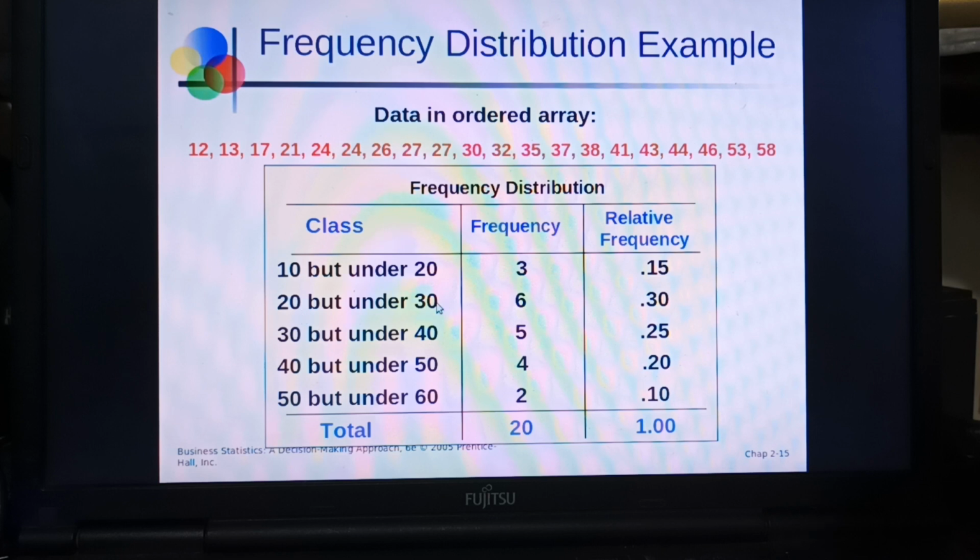For 20 to 29, it should be 1, 2, 3, 4, 5, 6. Put here 6. For class 30 to 39, 1, 2, 3, 4, 5. That's 5. For class 40 to 49, 1, 2, 3, 4. That's 4. For 50 to 59, there's only 2. For a total of 20.